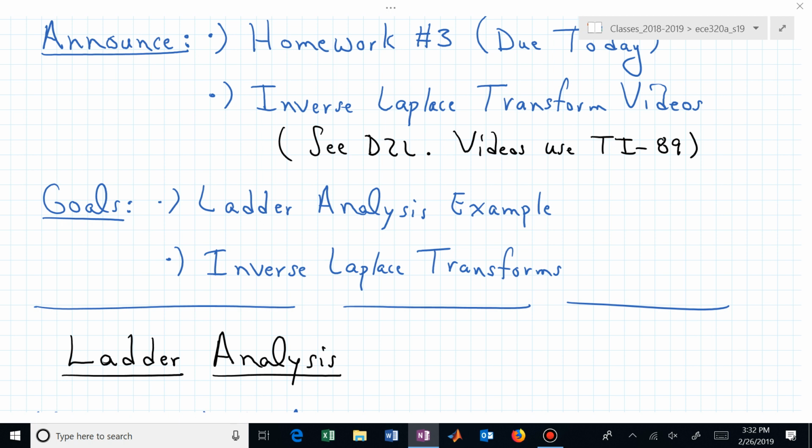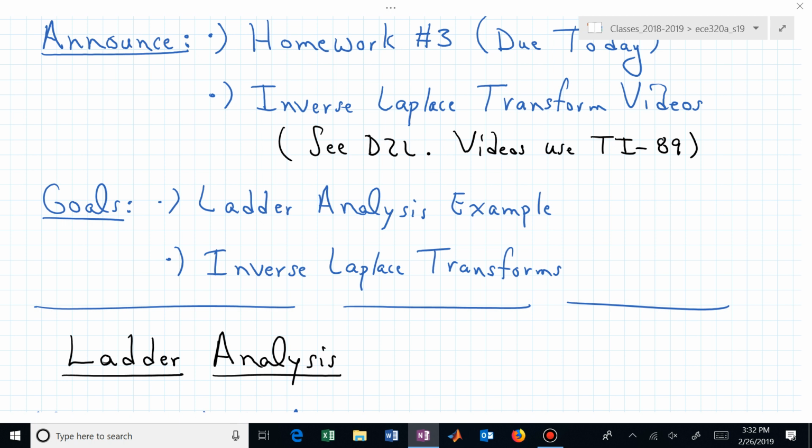In KVL and KCL analysis, nodal analysis and mesh analysis, you're putting all of these equations together and then doing an inverse, and you just hope that the answer is correct. Ladder analysis allows you to intuitively have a feel for what's happening as you progress through your solution from beginning to end. That's the idea behind ladder analysis.